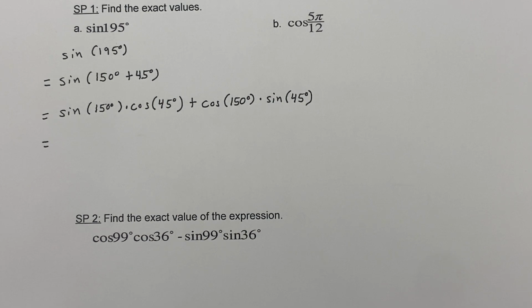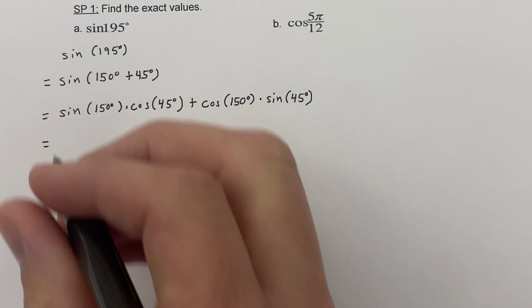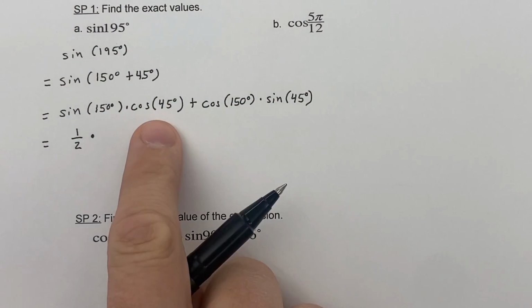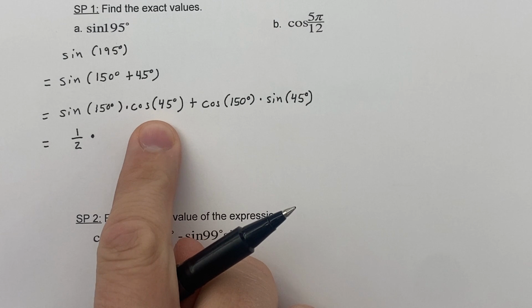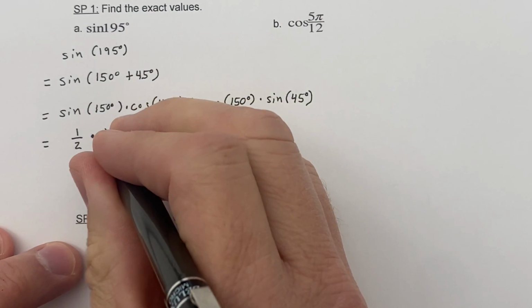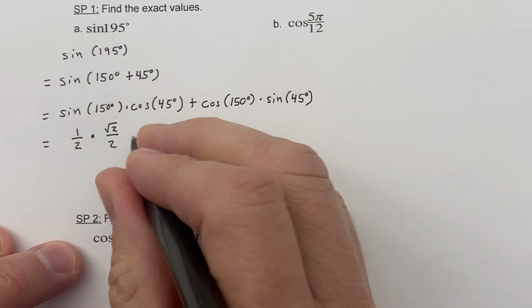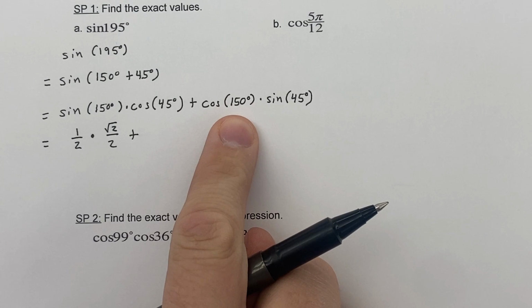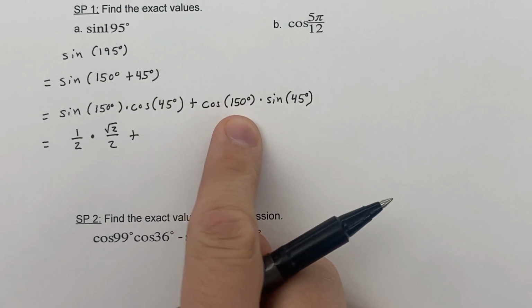At 150, the sine y value is a half. At 45 degrees, the x value there is square root of 2 over 2. The x value at 150 is negative square root of 3 over 2.